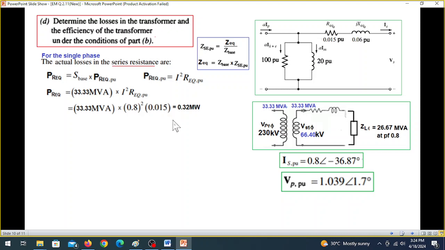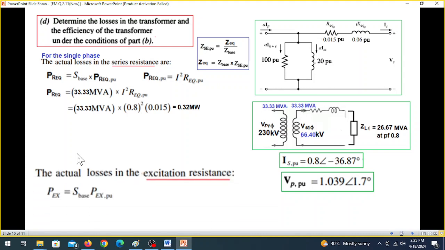We are only taking the magnitude. So this is the loss in the series resistance here or here. Since we are calculating the loss in watts, we are only concerned about the resistance, not the reactance.